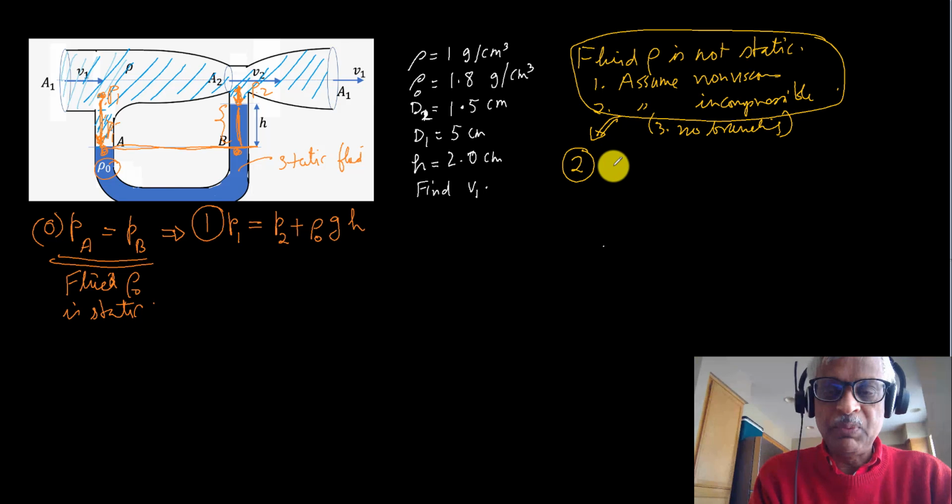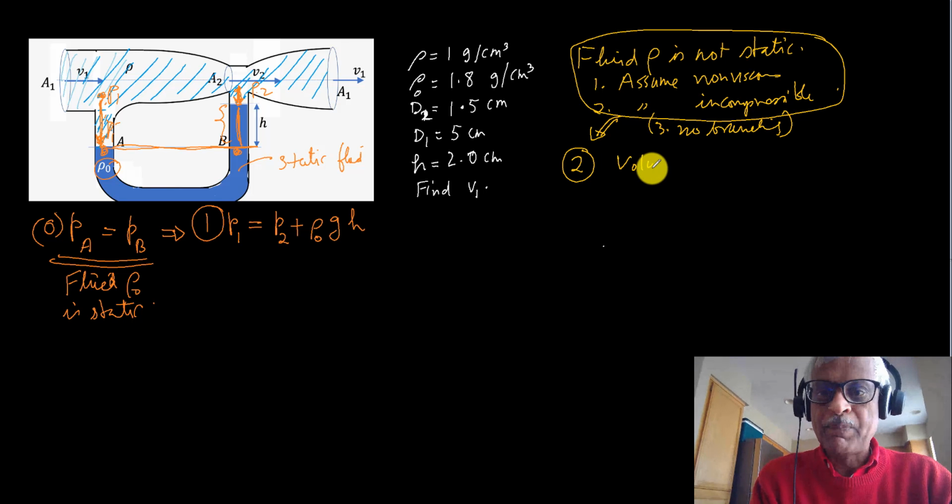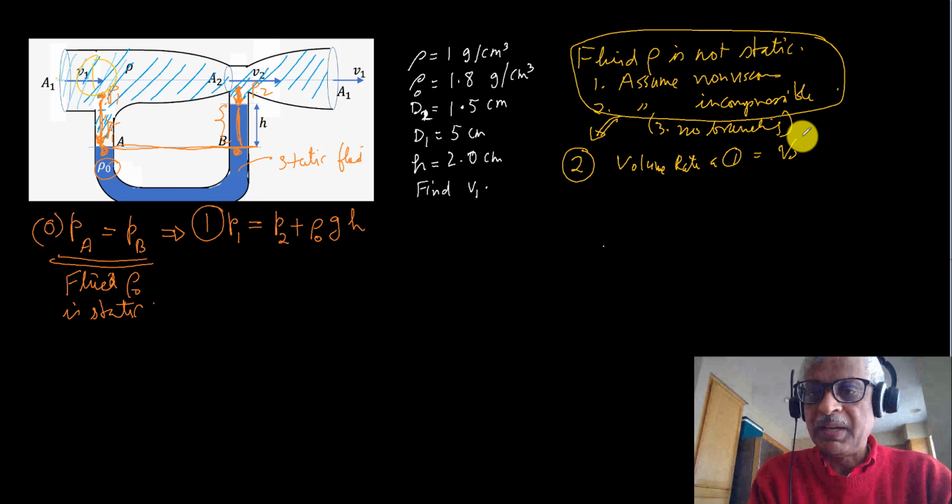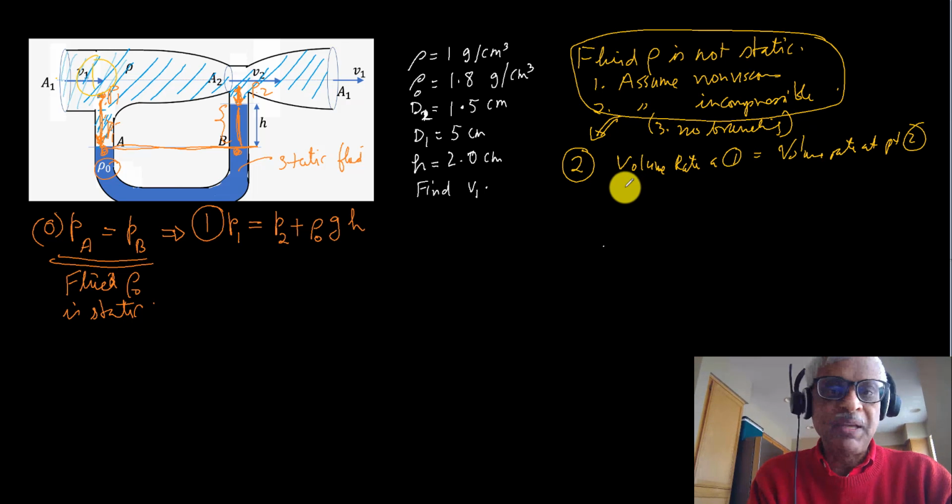And even before Bernoulli, we just have volume rate at point 1, being over here, must be the same as volume rate at point 2, and this gives me one equation, which is A1 V1 equals A2 V2.